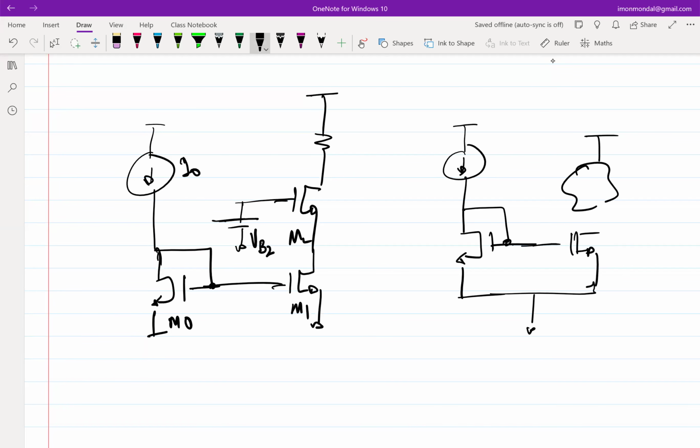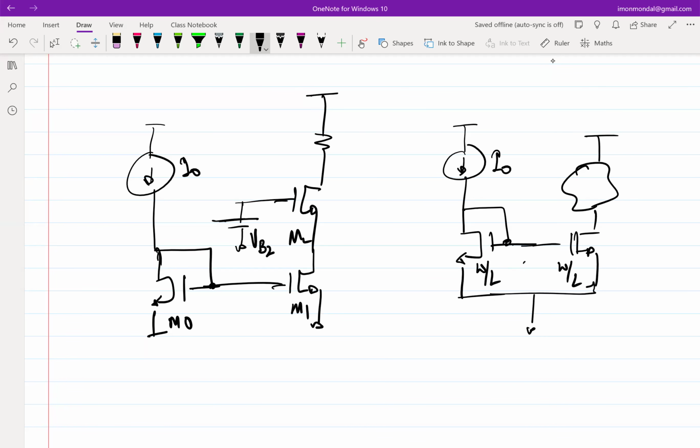Let's say something is connected here. Let's say these two transistors have the same W by L. All things being equal, can you comment on the currents on the left branch and the right branch?